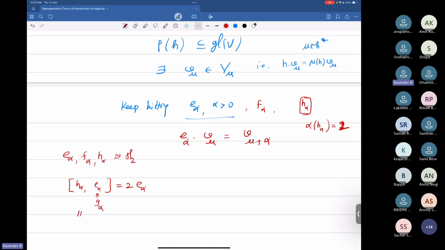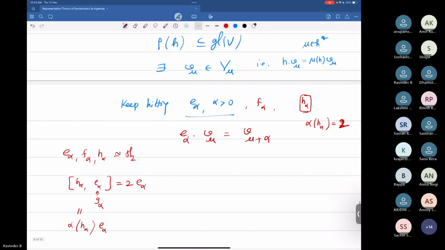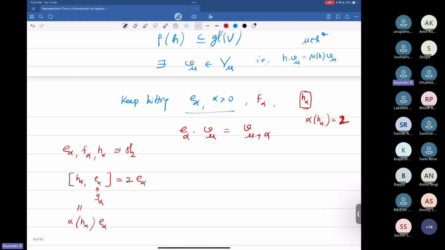So this should be equal to alpha of H alpha. So alpha of H alpha should be 2. By definition of root space, it's an eigenvector for all H. Okay. So keep hitting with E alphas.